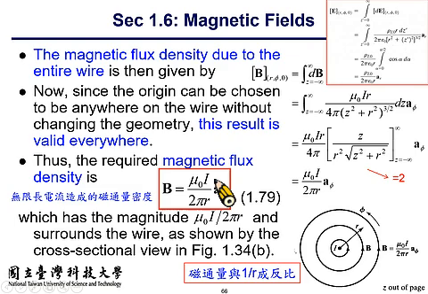And another important difference between B and E is that B is directed orthogonal to the line source direction and to the direction joining the source and the observation point, while the electric field direction simply lies on the line joining the source and the observation point. All right?